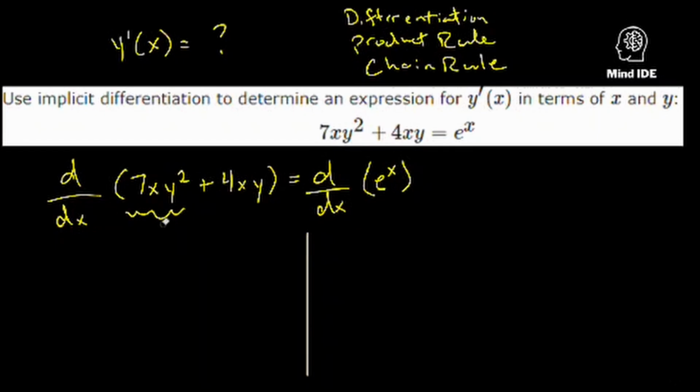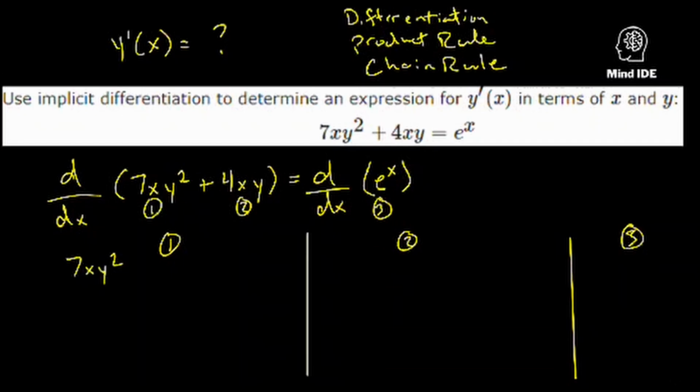So this is 1, 2, 3. When we start with this 7xy squared, first we're differentiating with respect to x. We can pull the 7 out. So we have 7xy squared.